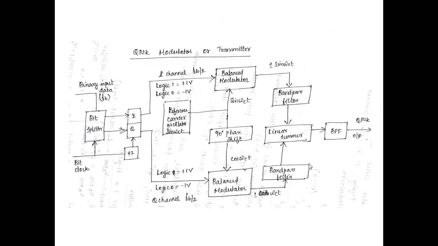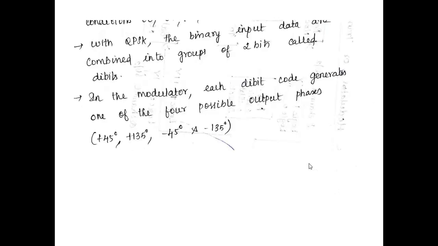So this is our QPSK modulator diagram. Before going to the mathematical equation of QPSK, the output is V_QPSK = Ec cos(2π fc t + (2n−1)π/4), where n is 1, 2, 3 and 4.